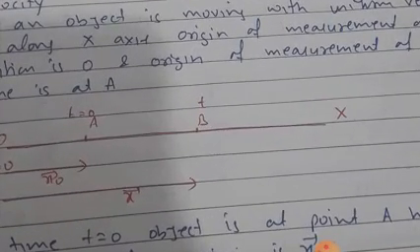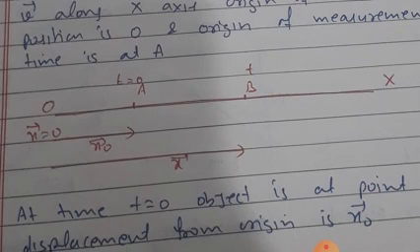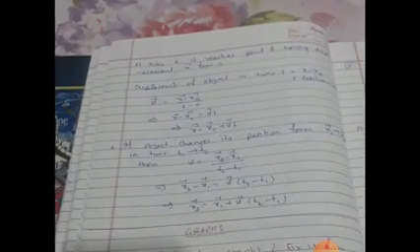As the object is moving with uniform velocity along the positive direction of the x-axis, after some time, suppose t, the object reaches B. So in time t, the object reaches B. It has started from A and it reaches B. At A its position vector was given by x naught, and at B its position is given by vector x.